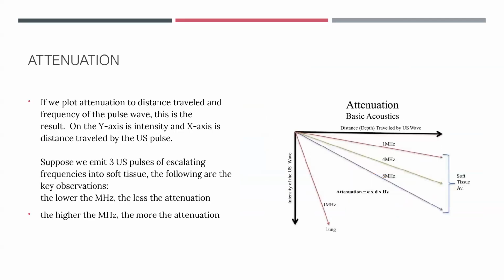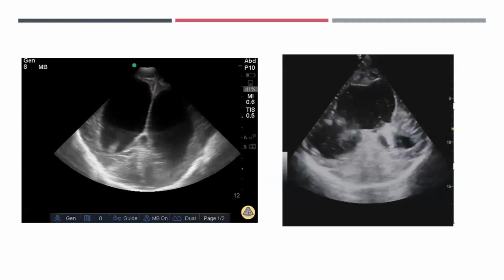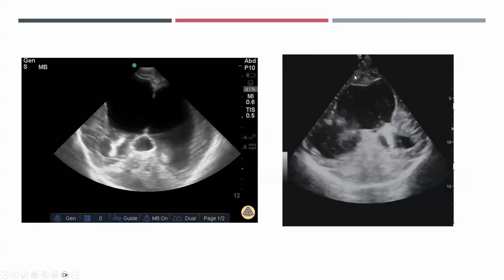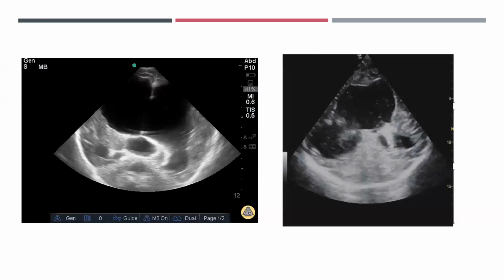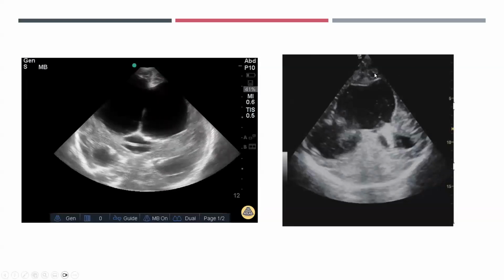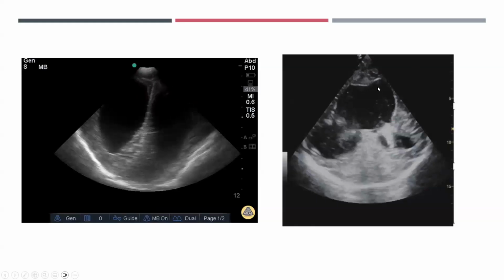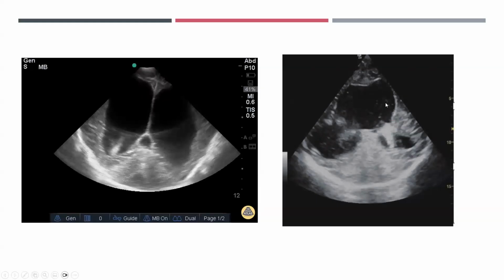Okay. So basically what attenuation means is that as sound waves go through tissue, they interact with the tissue. Naturally, sound waves have energy, but if they interact with tissue, they're going to lose that energy. But we have dense tissue over here, and over here you have fluid, which is not going to cause the energy to dissipate that much.